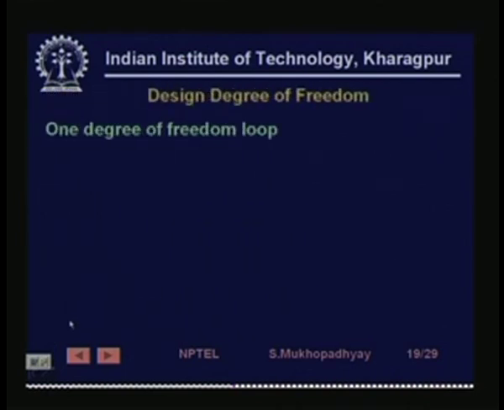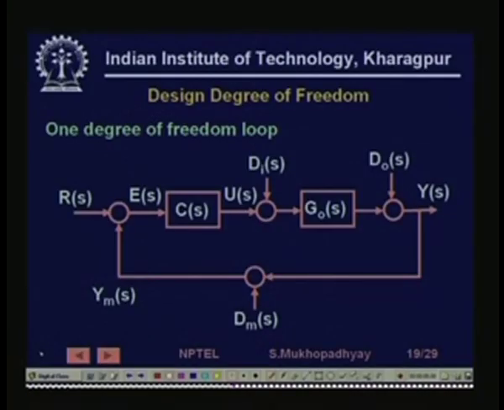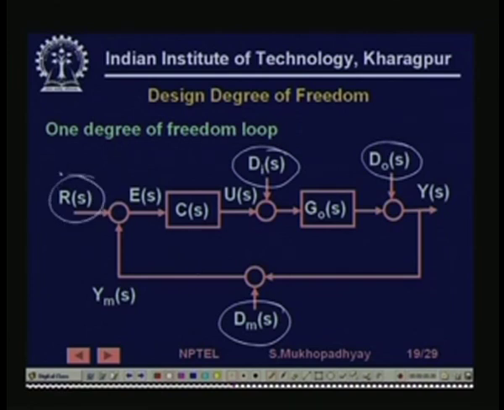Similarly, the typical control loop that we consider actually has 1 degree of freedom. This is very important to understand. This is a typical control loop in which several disturbances may be acting, as well as Rs. Let us for the time being forget about the others and consider only this one. What do we want?